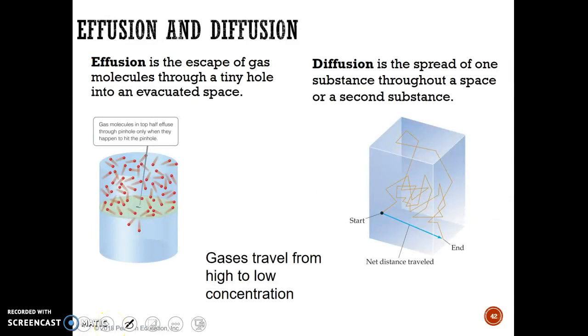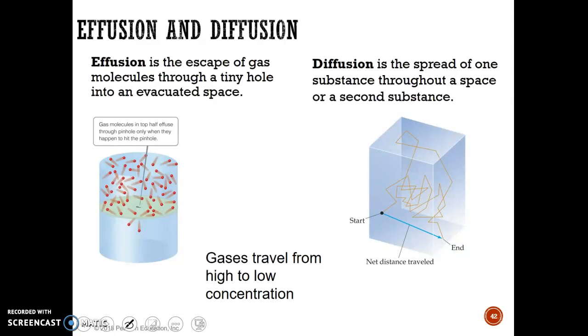We can trace how these molecules would travel, and we describe that as effusion or diffusion. Effusion is an escape through a small hole where the gases go through. Diffusion is the spread of a substance throughout a space, so it doesn't have any barriers, and it can go wherever it wants.